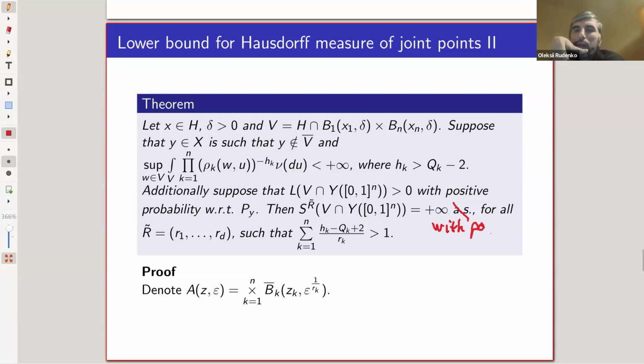With positive probability, because in fact it is possible, with positive probability, to completely omit the set. I think I changed it in a different spot, but here I forgot to do it. Here you see it's positive probability. I changed it there and forgot to change it here. Sorry.